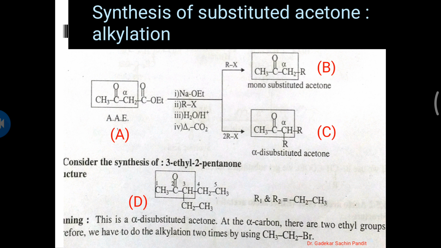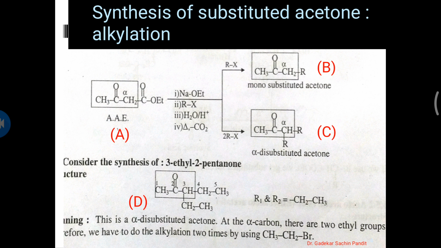First, acetoacetate reacts with sodium ethoxide to form its anion, and this reacts with RX to form a monosubstituted acetone B. If it reacts with two RX, two alkyl halide groups, it forms an alpha disubstituted acetone, compound C. So a single alkylation forms the monosubstituted acetone B, and if we use 2 moles of alkyl halide we form the alpha disubstituted acetone.